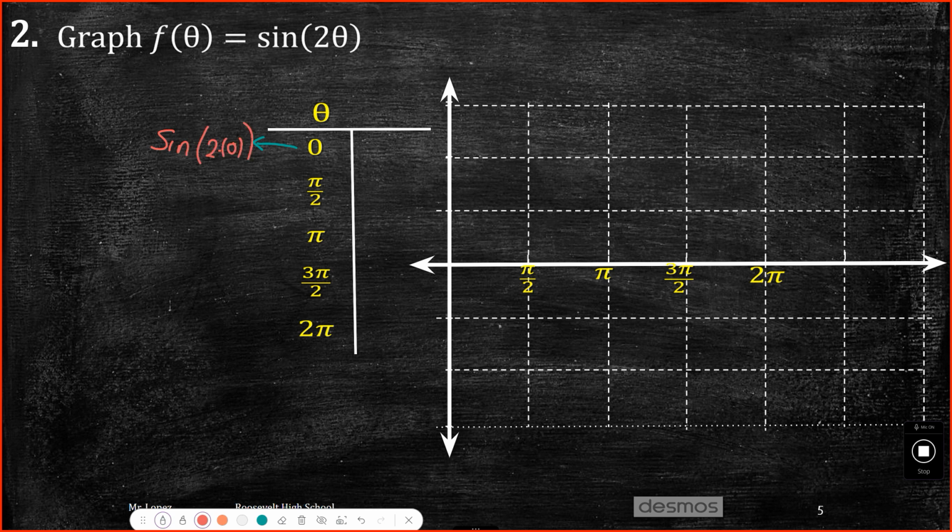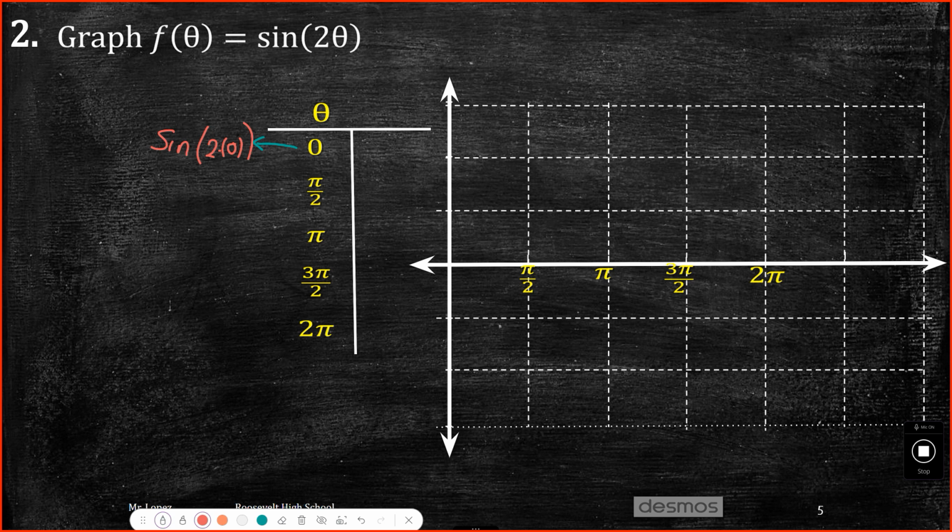Plug in 0 for theta. Two times 0 is 0. And so what is sine of 0? 0.